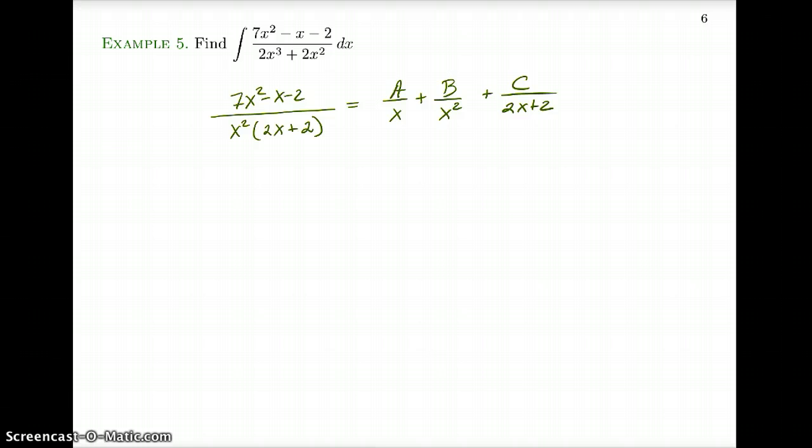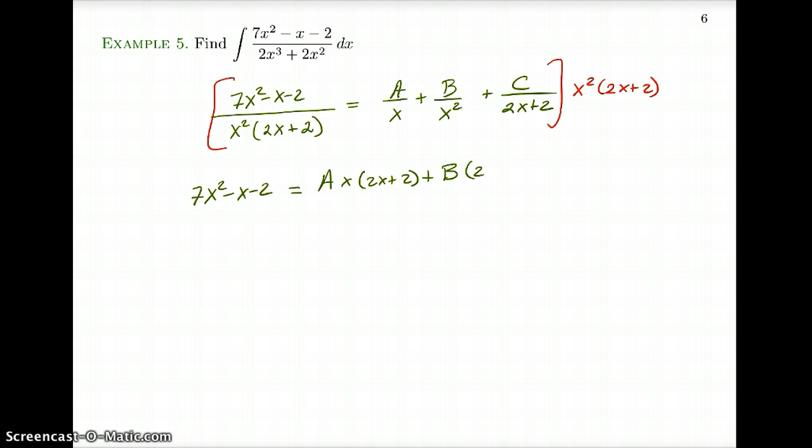Okay, so I multiply everything through by x squared times 2x plus 2, and I'm going to get 7x squared minus x minus 2 on the left, and I'm going to get ax times 2x plus 2 plus b times 2x plus 2 plus c x squared.